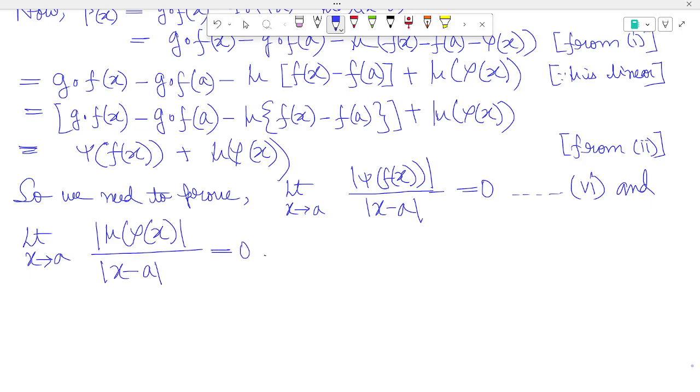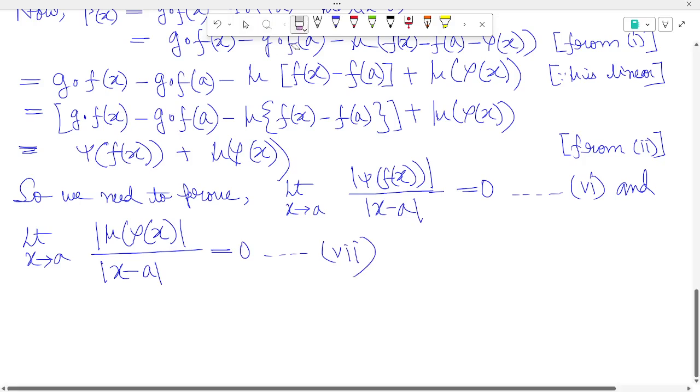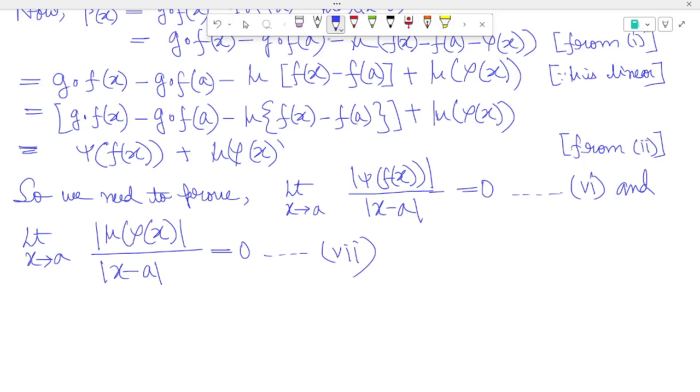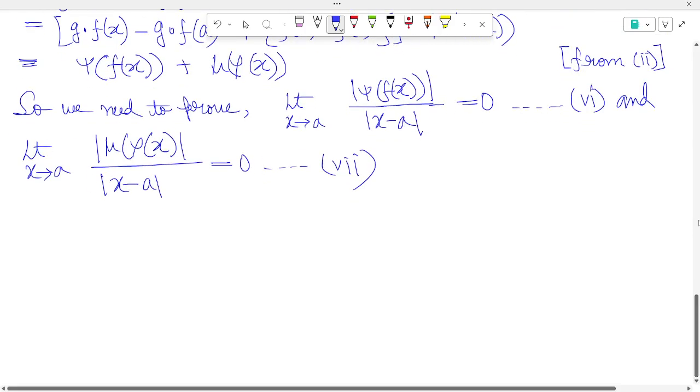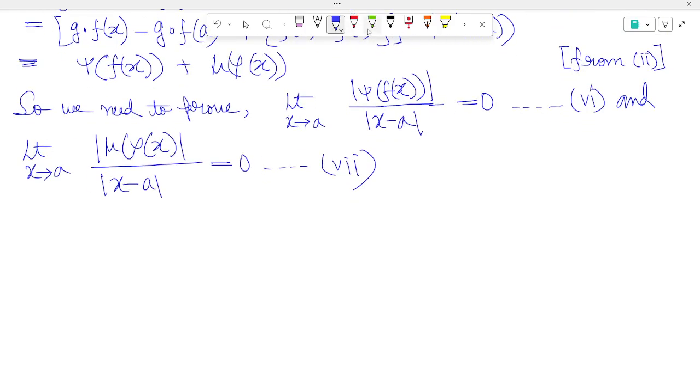That I need to prove here. 7. The two things I will need to prove here. Okay.